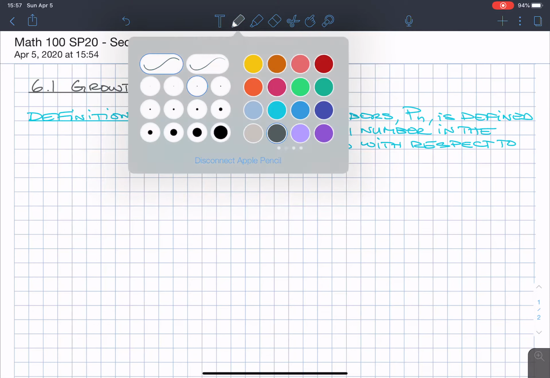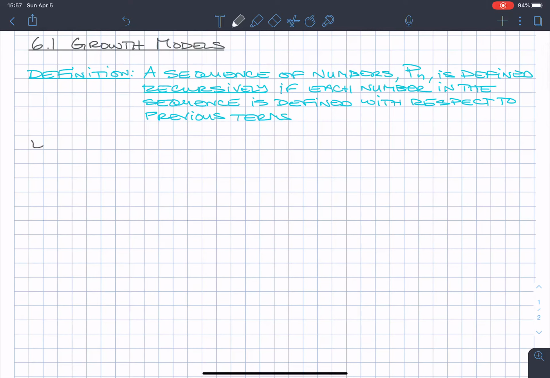Okay, so what does this mean? So for example, let's let capital P sub n be capital P sub n minus 1 plus 7, for any number n.